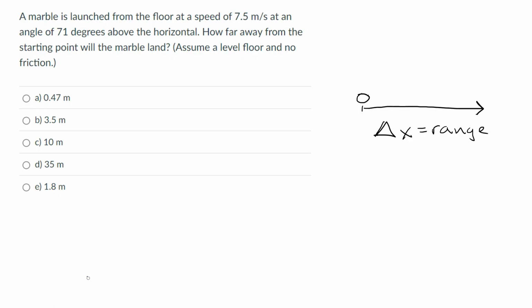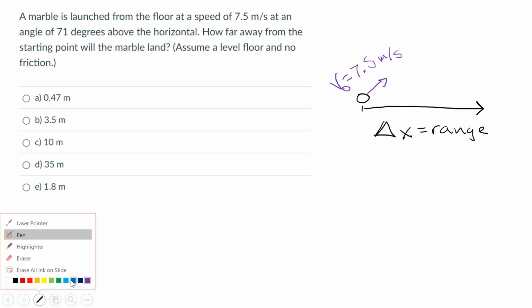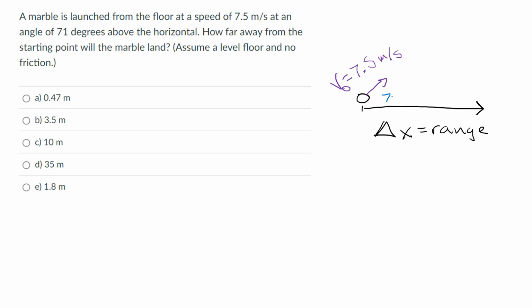The marble is going to be shot with a velocity, called the initial velocity, of 7.5 meters per second, and you're also going to be given an angle of 71 degrees.